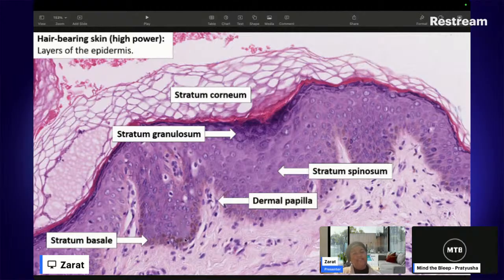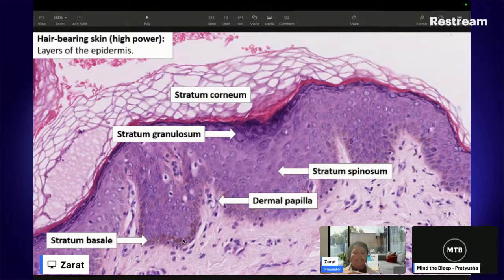This is where you get your young keratinocytes, and this layer is continuously dividing. The keratinocyte stem cells are present here. So if you think about it, dividing lots and lots and producing lots and lots of cells.